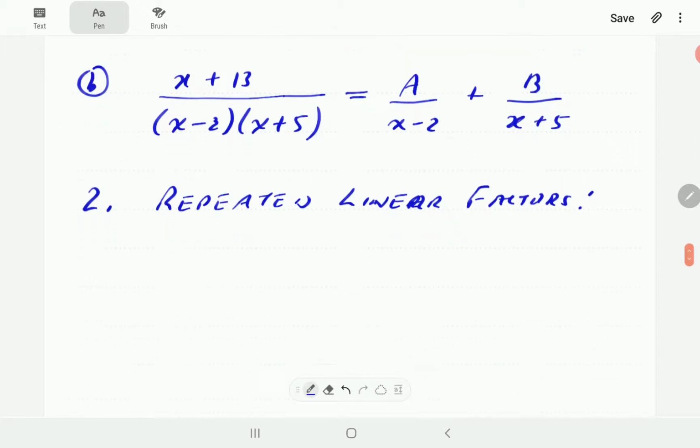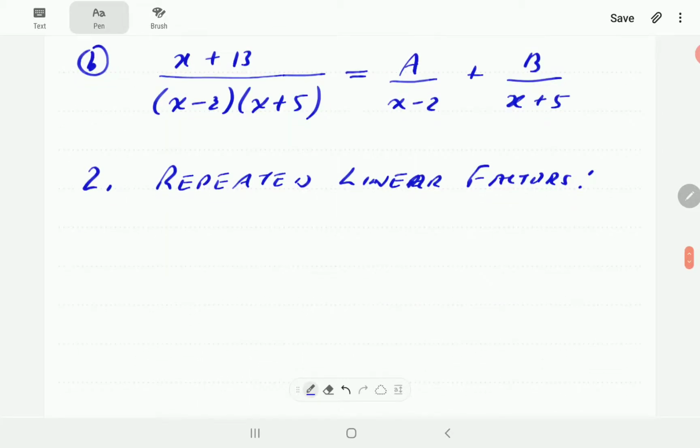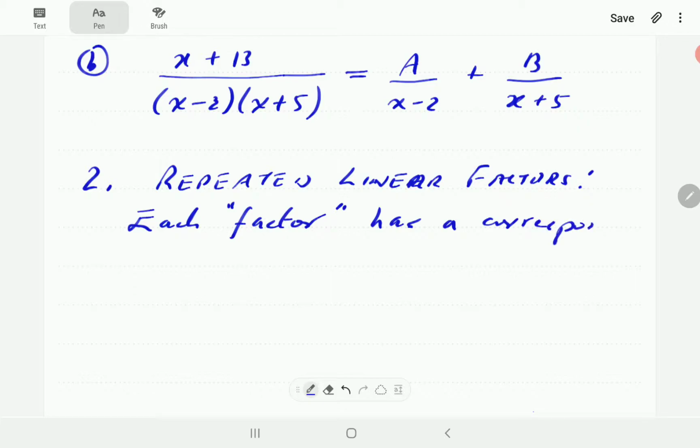Here I'm going to write: each factor has a corresponding partial fraction, and then let's talk about what we mean here.